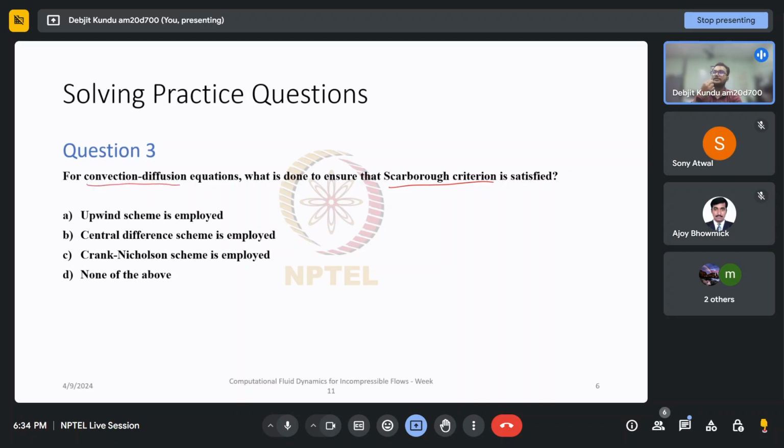Is it option A, upwind scheme is employed, or option B, central difference scheme is employed, or is it option C, Crank-Nicholson scheme is employed, or is it option D, none of the above? We have one quick response in favor of option A, that upwind scheme is employed. Let's hear what others have to say.